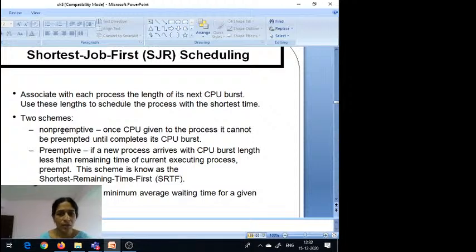Once the CPU is given to one of the processes, that process is never preempted from the CPU until the CPU burst time is completed. That means how much time is required to execute that particular process, that much time is completed, and only then does that process come out from the CPU.